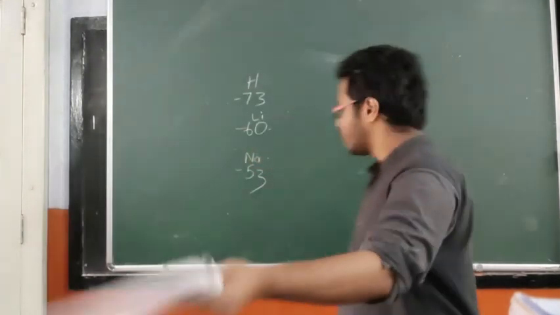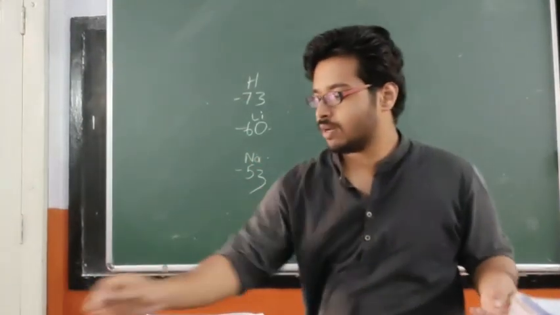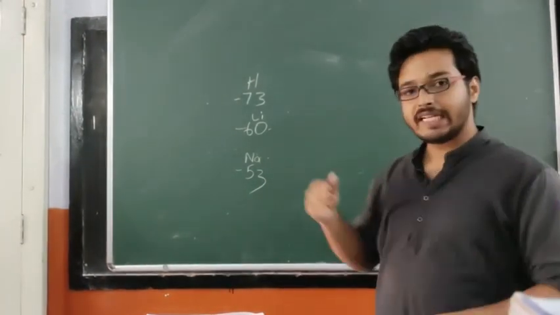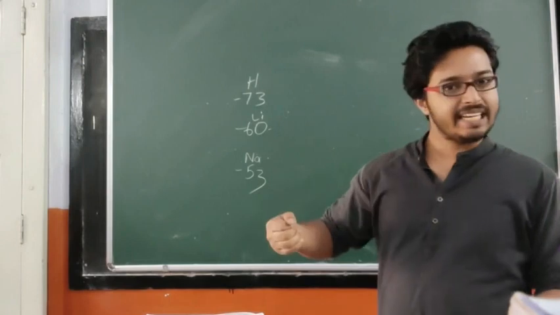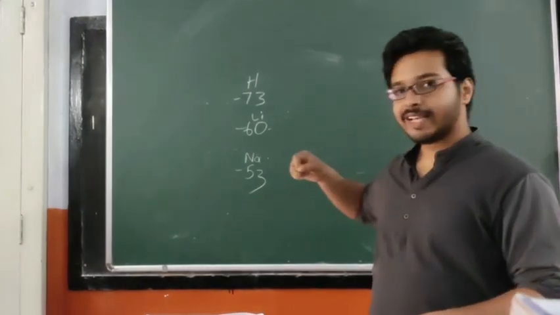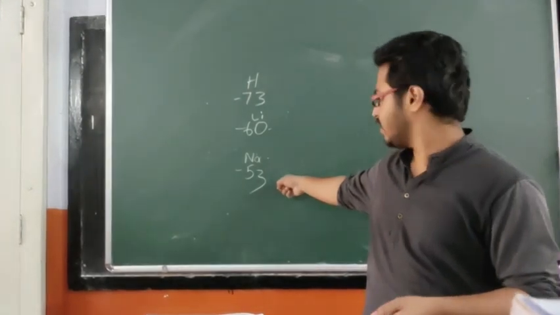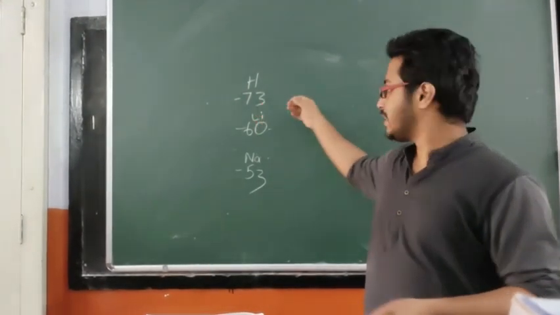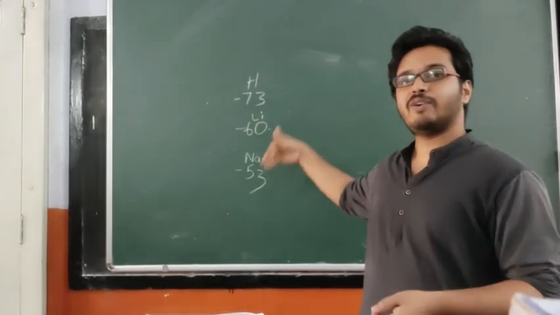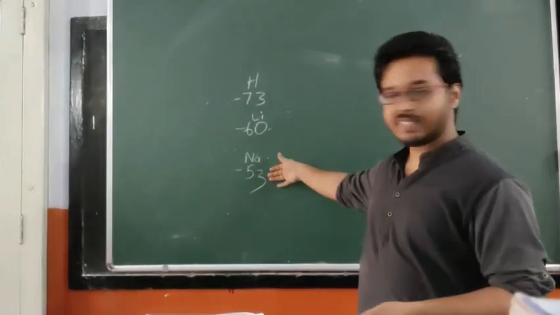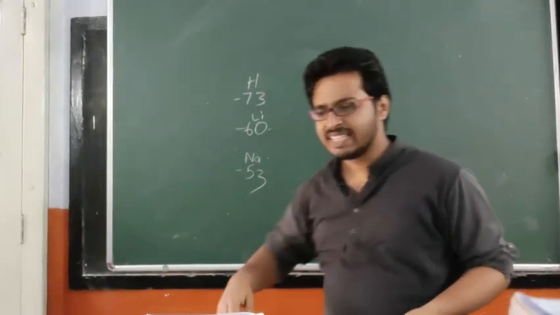Actually, when we are going down a group, electron affinity is supposed to decrease. But here you can see it is minus 73, minus 60, minus 53. So it is actually not decreasing but increasing, right? Minus 53 is a larger value compared to minus 73.